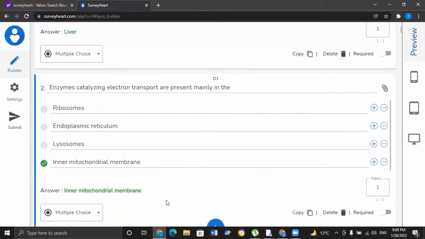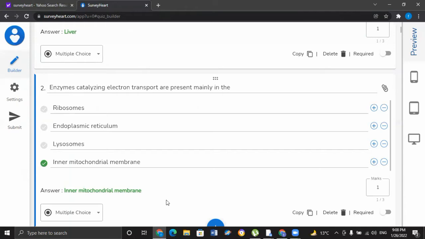Okay, ji. So the next MCQ displayed on the screen is: enzymes catalyzing electron transport are present mainly in the... The enzymes responsible for the electron transport chain, where are they present? The electron transport chain is a series of protein complexes and other molecules that transfer electrons from an electron donor to an electron acceptor via redox reaction.